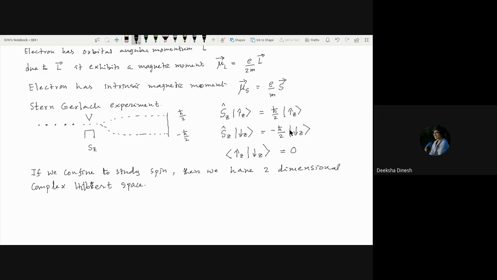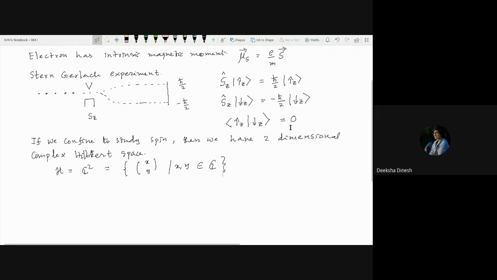The Hilbert space corresponding to this is simply C2, that is two complex numbers, x comma y, such that x and y are complex numbers.